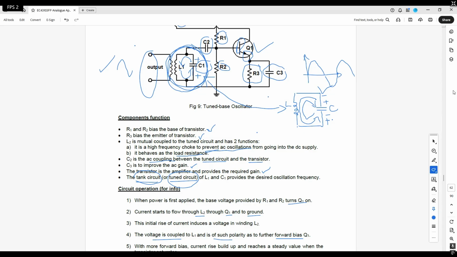Any question? If not, we pause for a few minutes before I go on to the next one, which we call the RC oscillator. But they don't have high frequency, up to 1 megahertz only. For this tank circuit, you can go up to 500 megahertz.